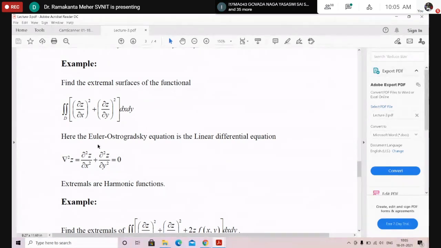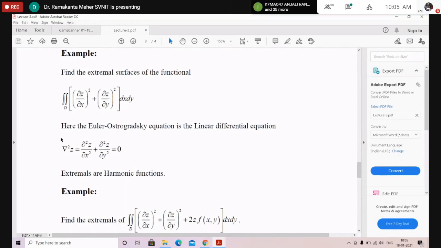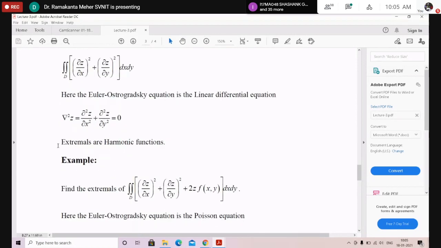I'm not considering the solution of the partial differential equation itself. Here we are just trying to find the extremal of the functional by using the Euler equation only, and you can conclude that the extremals we get look like harmonic functions.